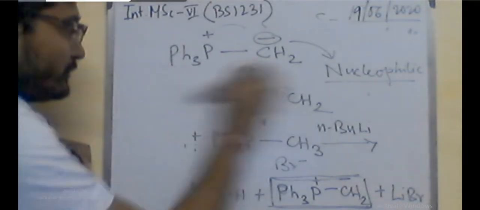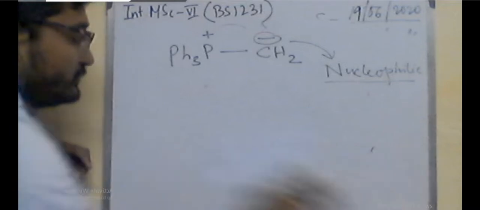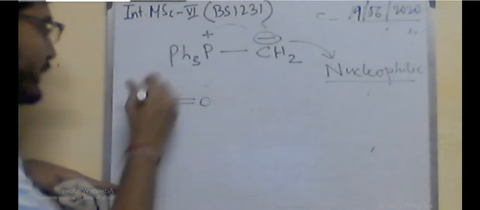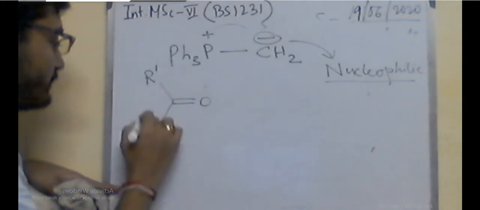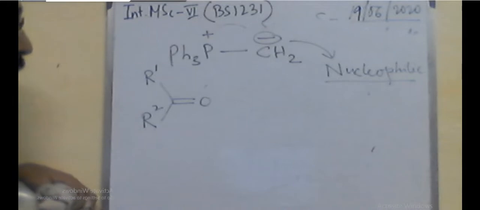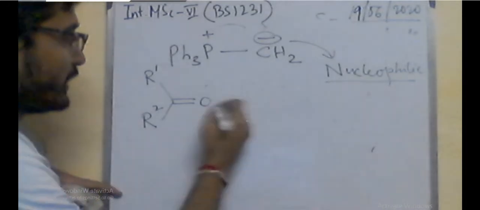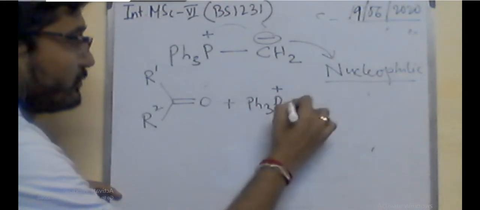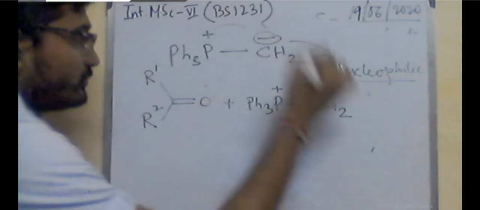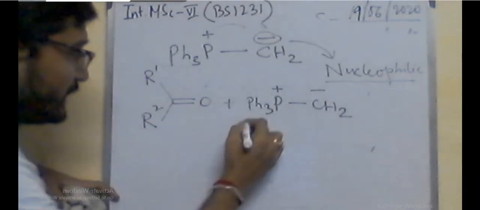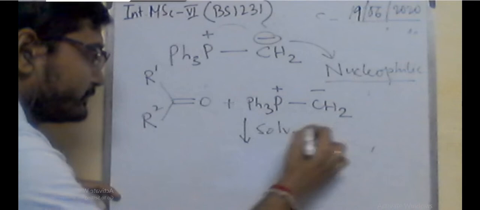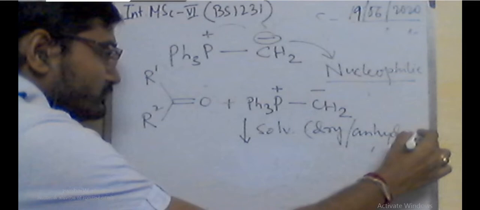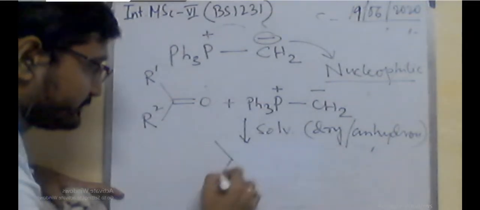If I write the reaction in a generalized way, R1, R2 C double bond O, the carbonyl derivative, plus Ph3P plus CH2 minus in a dry solvent, dry meaning anhydrous condition, it will generate R1R2C double bond CH2.